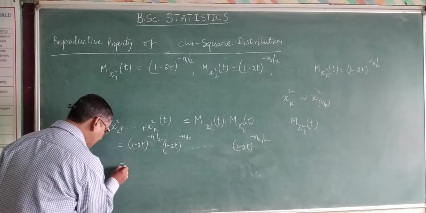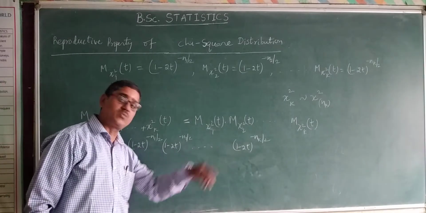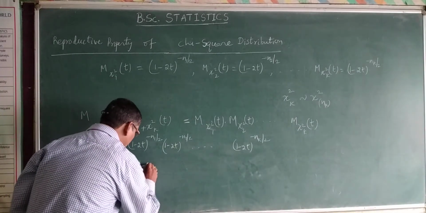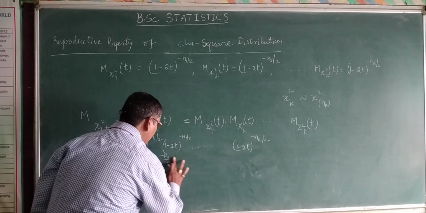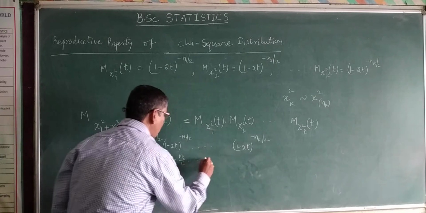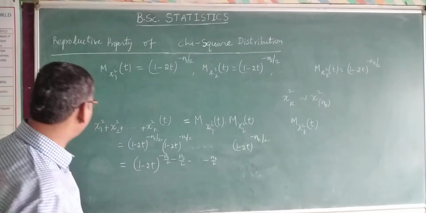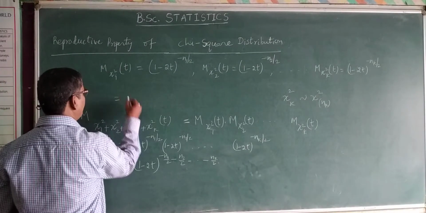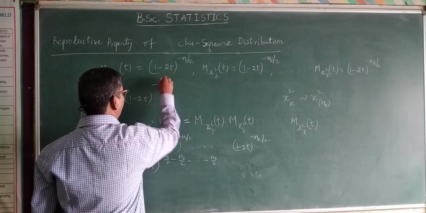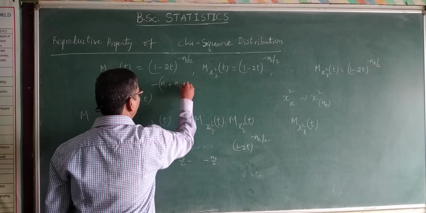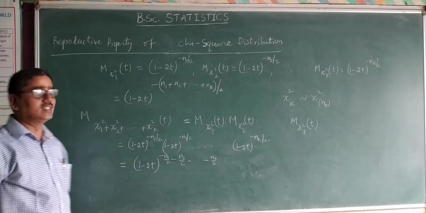Now the base is 1 minus 2t for all, so the powers add: minus n1 by 2 minus n2 by 2 and so on minus nk divided by 2. Taking minus common, this is (1 minus 2t) to the power minus of (n1 plus n2 plus and so on plus nk) divided by 2.